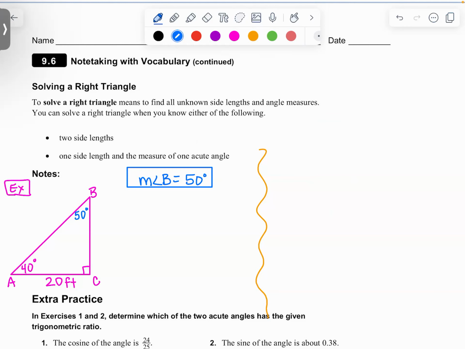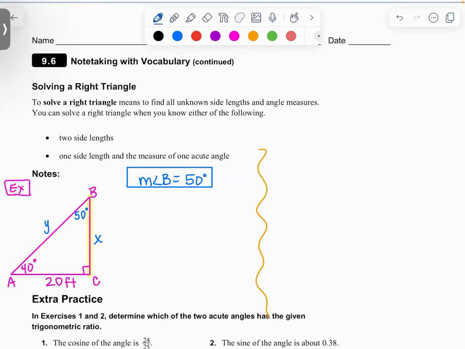Okay, so now we need to find our other two sides. We need to find this side, I'll call it X, and we need to find this side, we'll call it Y. Okay, so in order to find side X, how would you like to do that? Side X, this guy right here. Okay, I'm gonna choose 40.